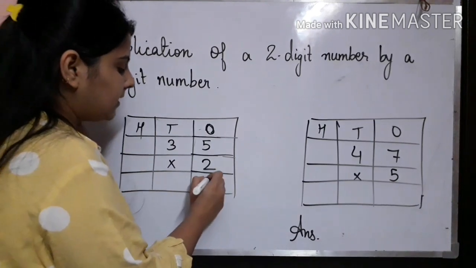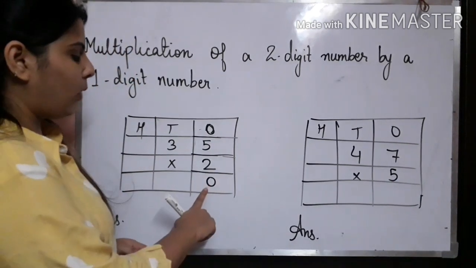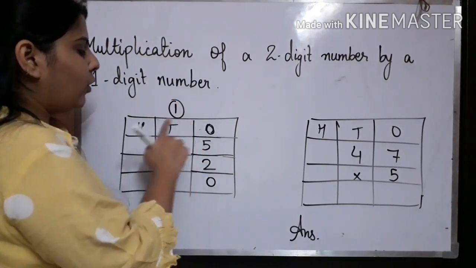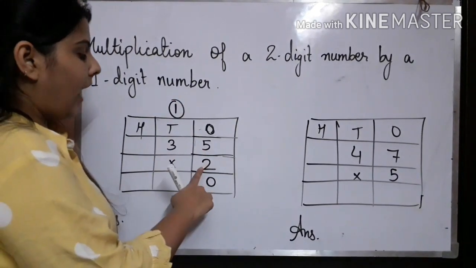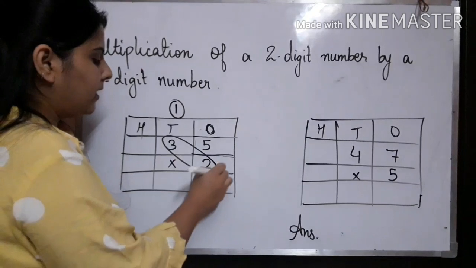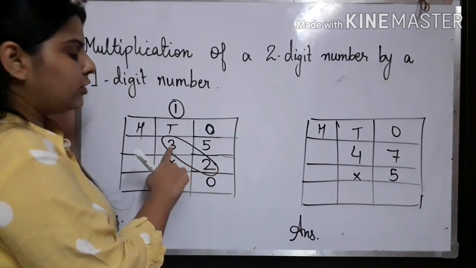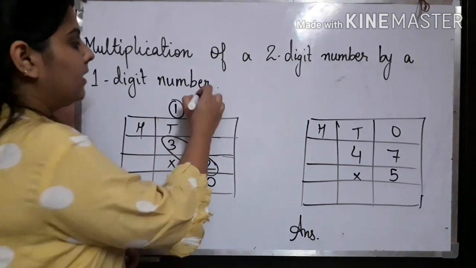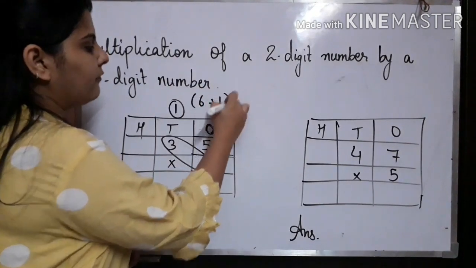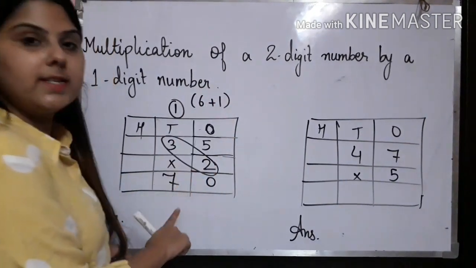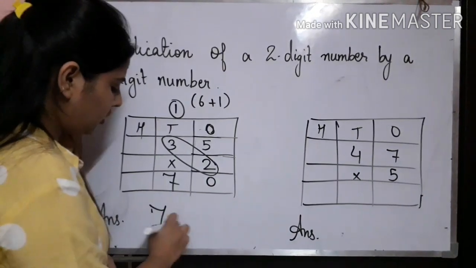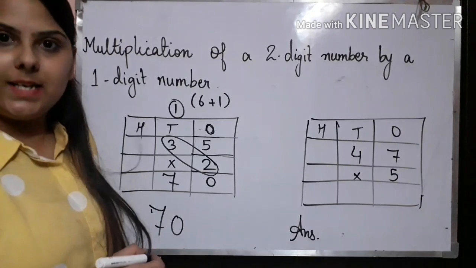As you get a 10, place 0 in the ones column and give 1 carryover to the tens column. Now multiply this 2 with the number 3. 2 into 3 gives you 6 and add a carryover to it. So 6 plus 1 results in 7. So this 7 will be written in the tens column. So for this your answer is 70.